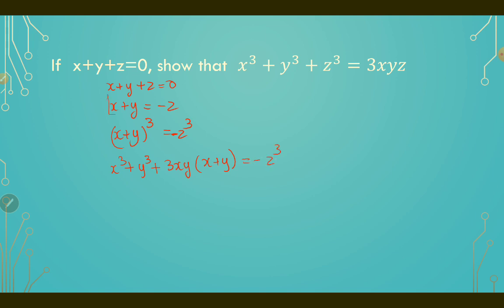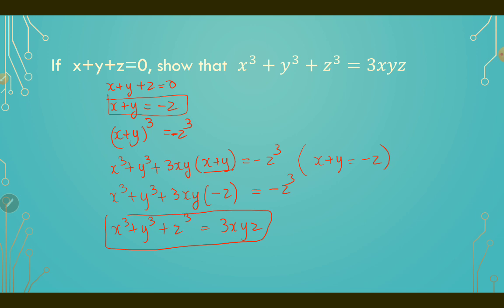But we know x + y = −z, so I'm going to replace x + y with −z. So x³ + y³ + 3xy(−z) is nothing but −z³. So x³ + y³ + z³ = 3xyz. Hence, proved.